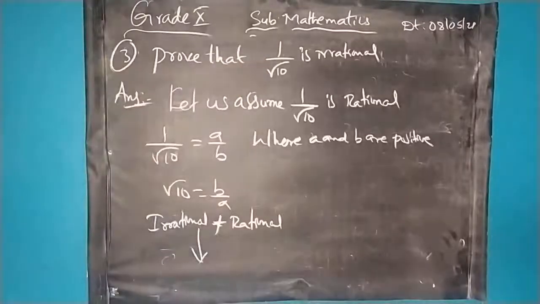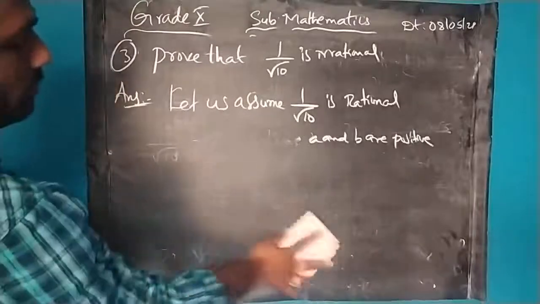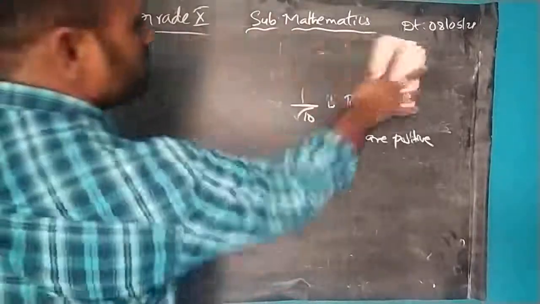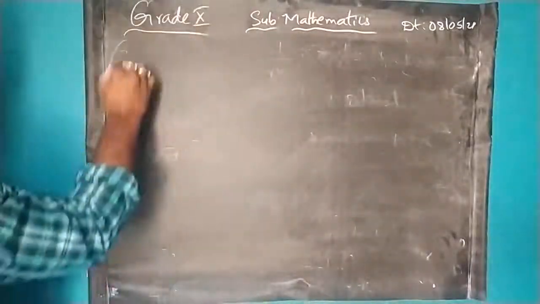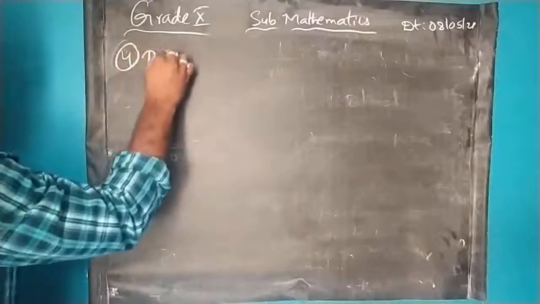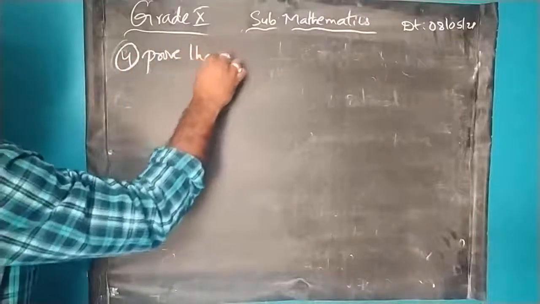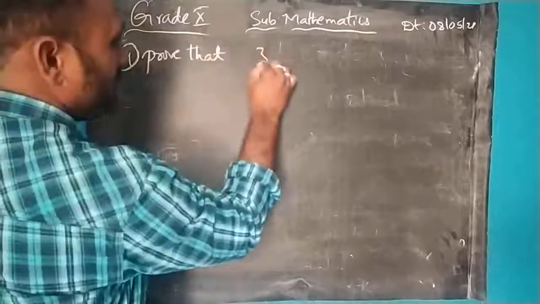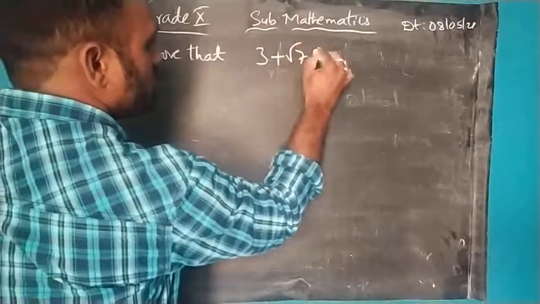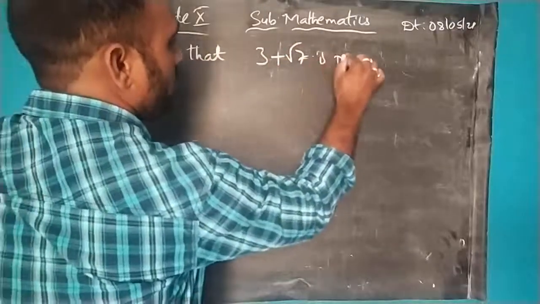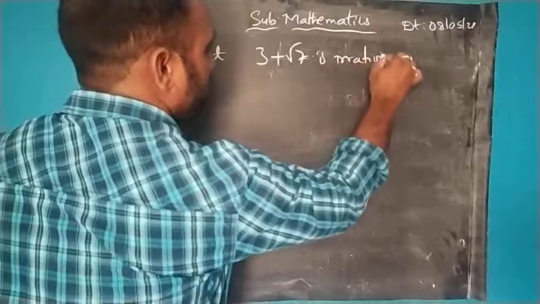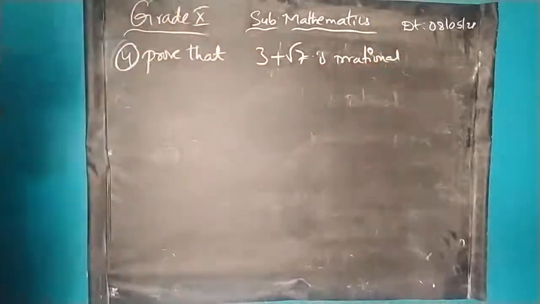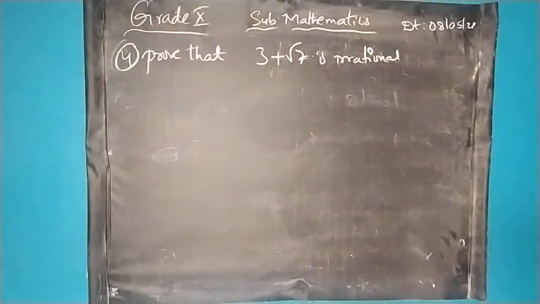Let us see the 4th type of question. Prove that 3 plus root 7 is irrational.